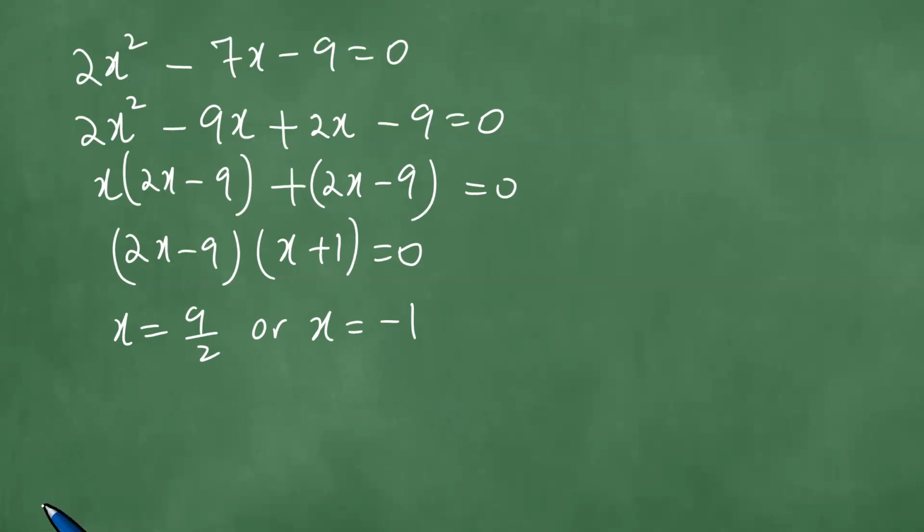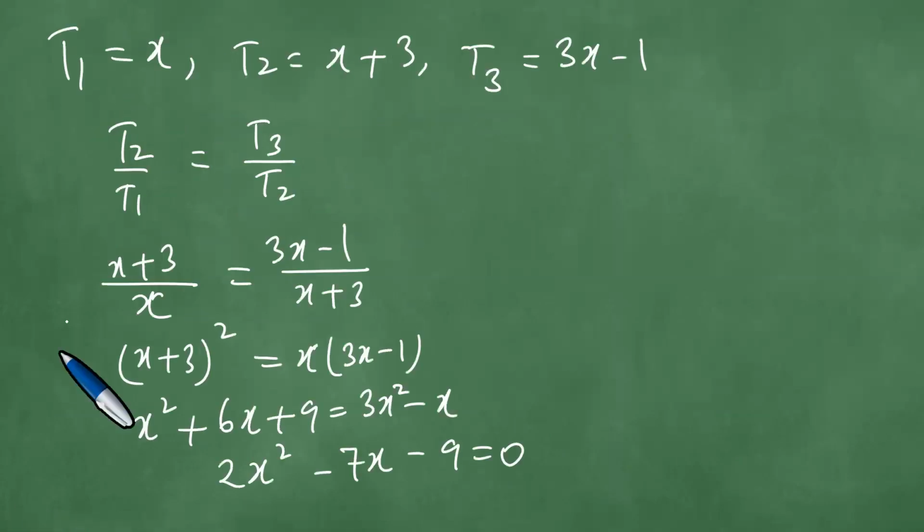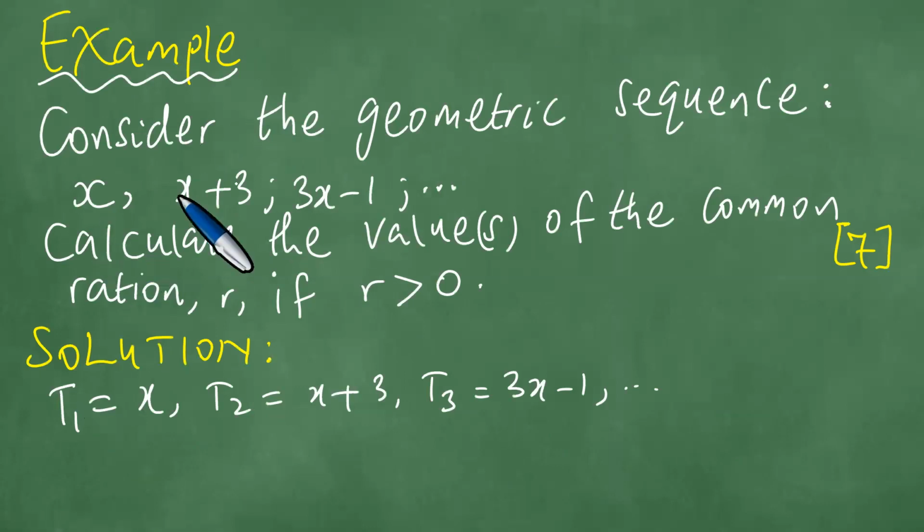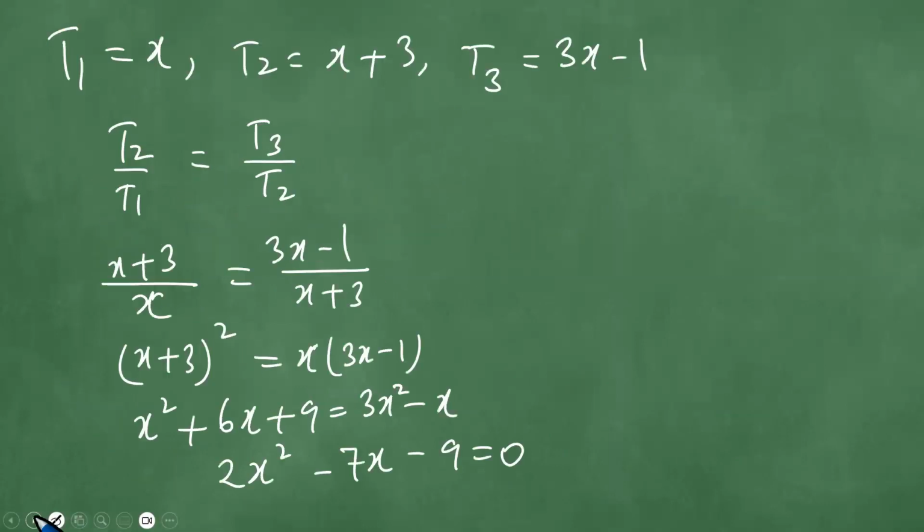Right, for example, now you have x equal to 9 over 2. Which means that you have x plus 3, 3x minus 1.